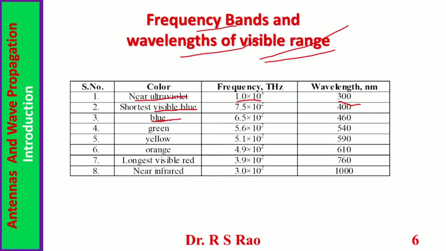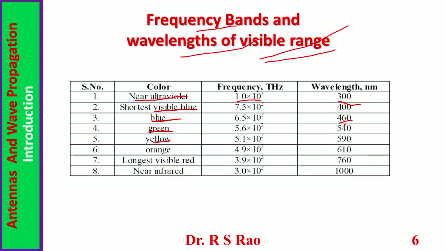Blue color light, frequency is 6.5 into 10 square terahertz. Wavelength is 460 nanometers. Green color light, its frequency is 5.6 into 10 square terahertz. Wavelength is 540 nanometers.